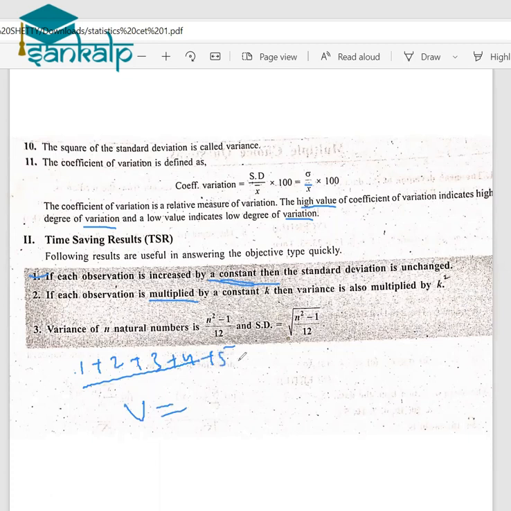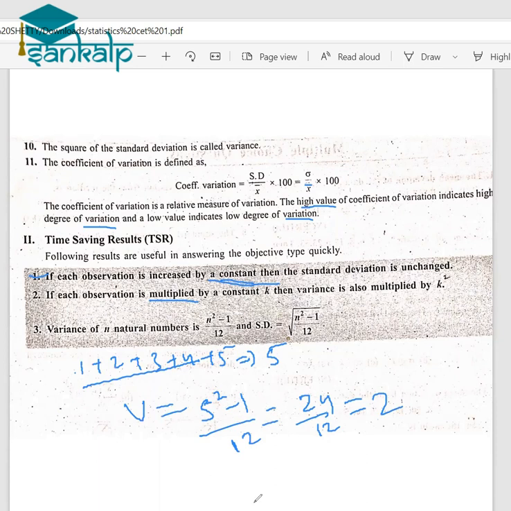See, the number of natural numbers is 5. So it will be 5 square minus 1 upon 12. 5 square is 25, 25 minus 1 is 24, 24 upon 12 is 2.